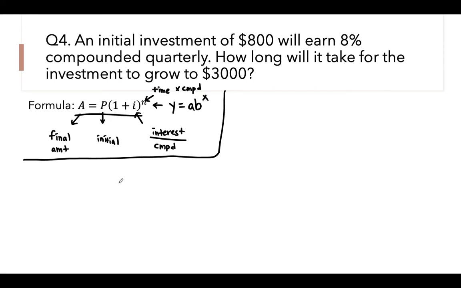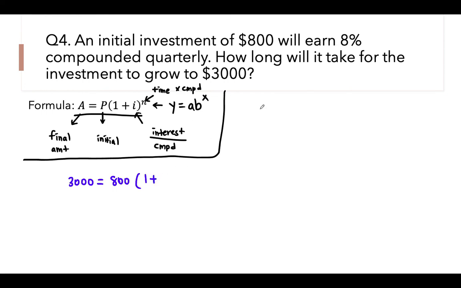Now, let's fill in the information. We're given the final amount. We want the final amount to grow to 3,000. So 3,000 equals, we're starting from $800. So 800 times 1 plus, now the interest rate is 8%.